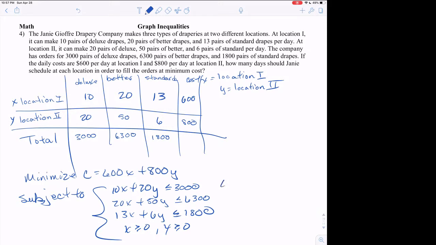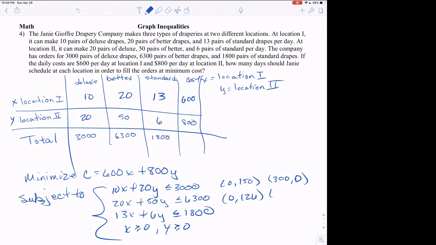For this line, if we let x be 0, then we have 3,000 divided by 20, and we get 150. And if we let y be 0, then we get 300 is x. For this one, we have 0, 6,300 divided by 50, and that gives us 126.